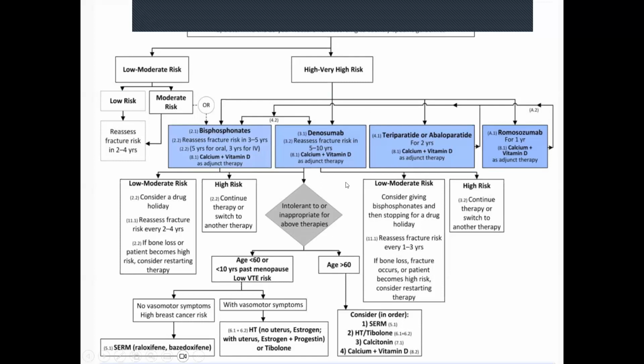With denosumab, again, you can use it as first line, but remember, if your patients are younger, that is going to increase their lifetime exposure to denosumab. Denosumab usually, we might need to continue indefinitely.